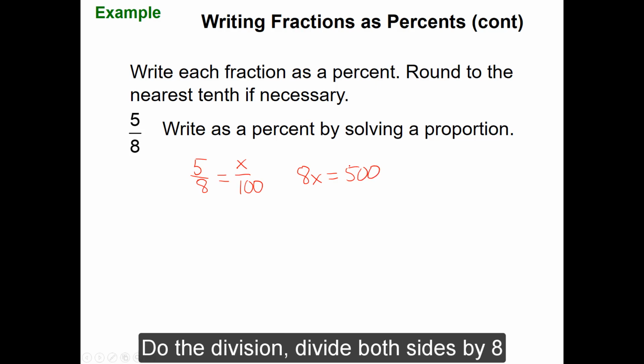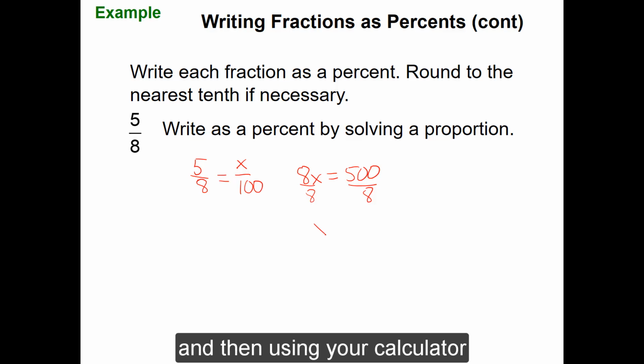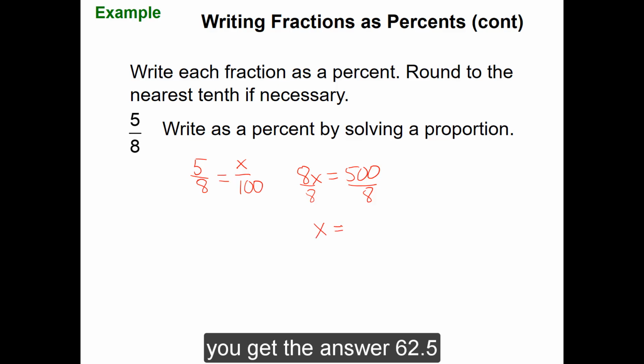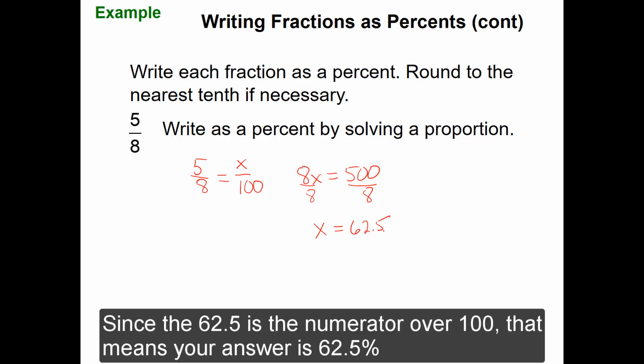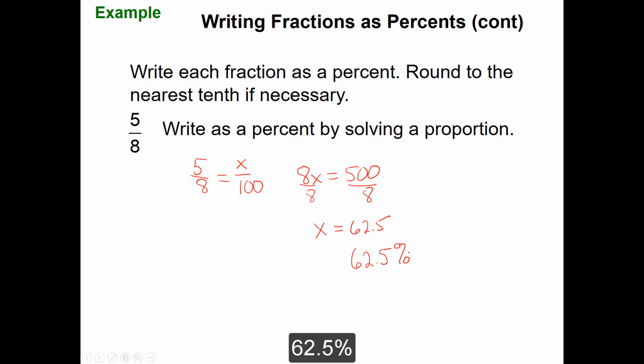We then go ahead and do the division. So we divide both sides by 8, and then using your calculator, you would get the answer of 62.5. Since the 62.5 is the numerator over 100, that means your answer will be 62.5%.